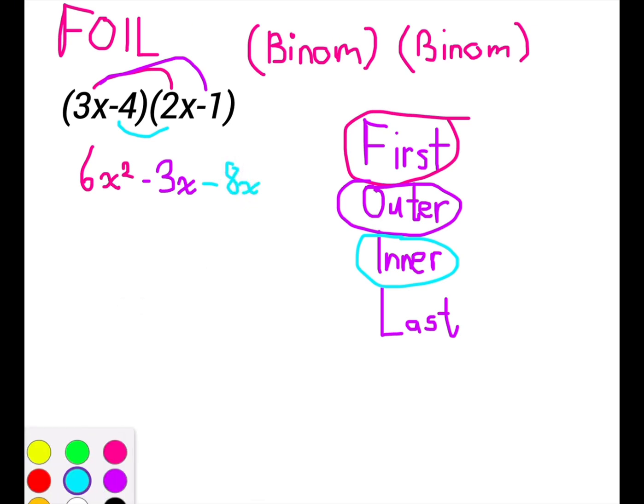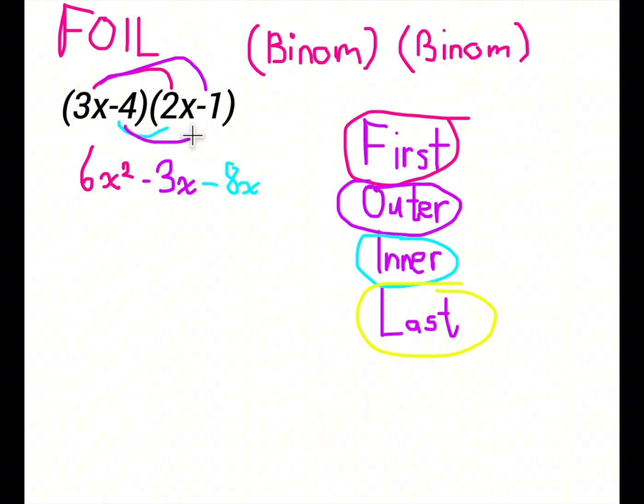So 4 times 2x is negative 8x. And our last step, we are going to take the second term of our first binomial and the second term of our second binomial, which is 4 times negative 1, and that is going to be positive 4.